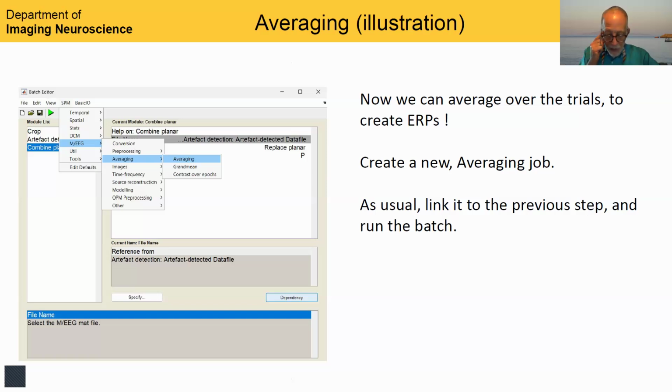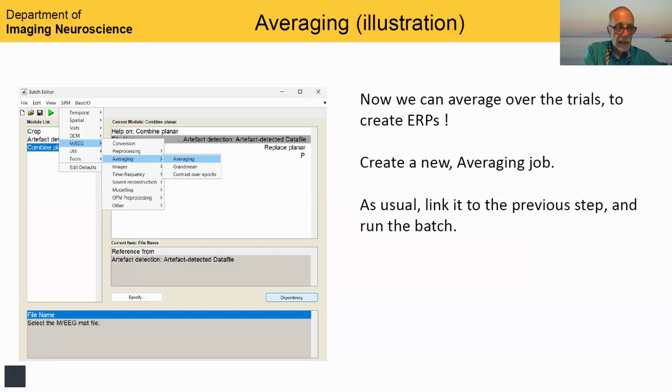Okay, next, just for illustration, I'm going to show you some averaging, which is what we do to display ERPs. Although you are not going to use this for your stats, you would be using a more sophisticated way of analyzing the signal.